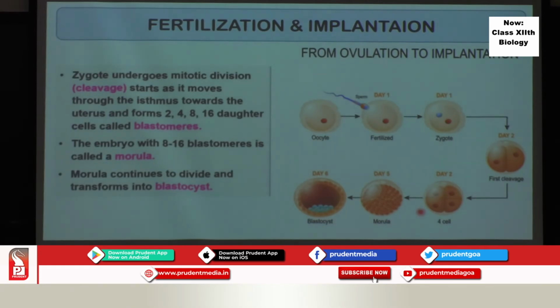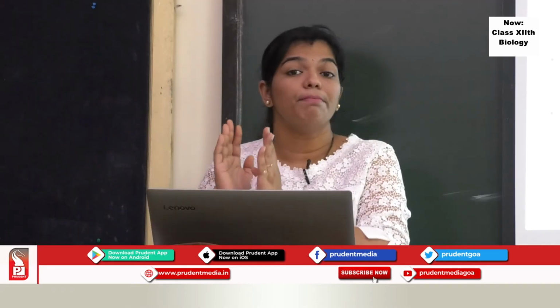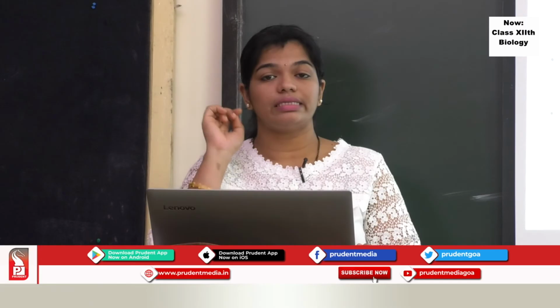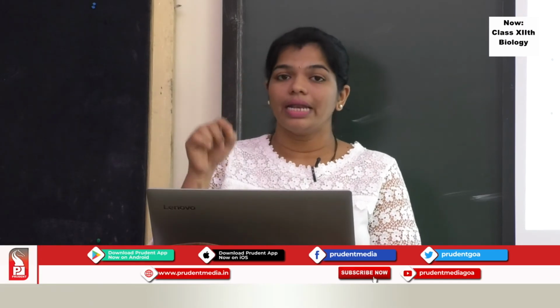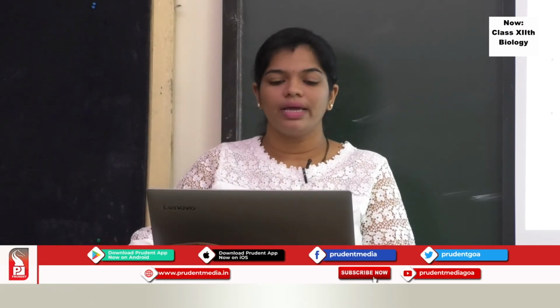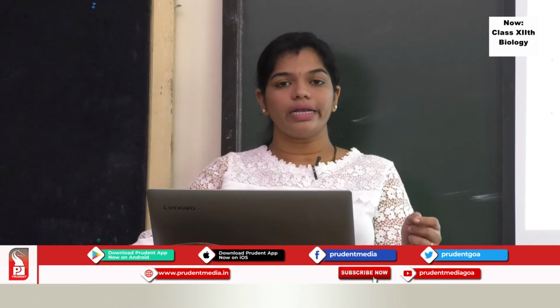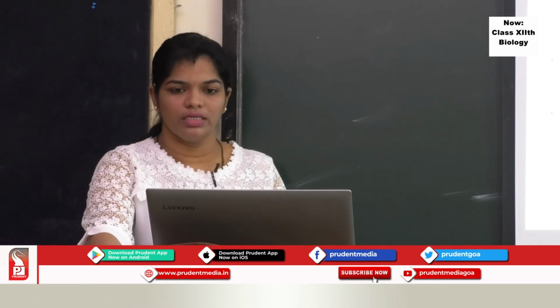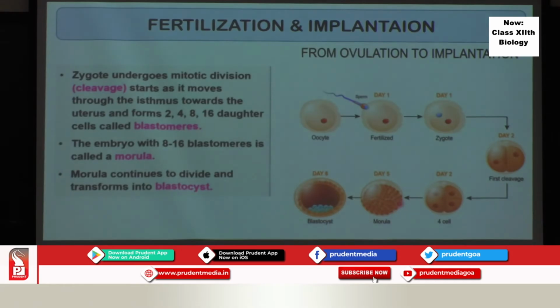Now as they are dividing, it's moving away from the isthmus and towards the uterus, because implantation has to take place inside the uterus. The embryo is getting divided from 8 to 16 blastomeres. When it reaches 8 to 16 blastomeres, it is termed morula.